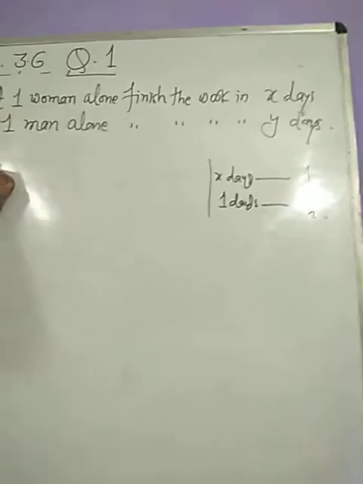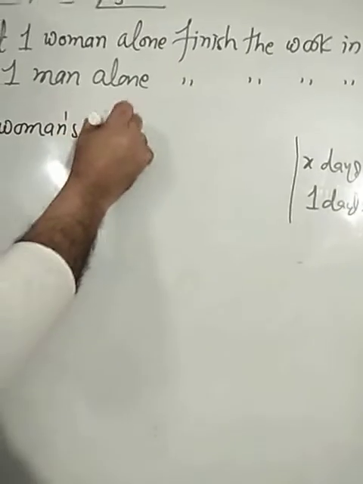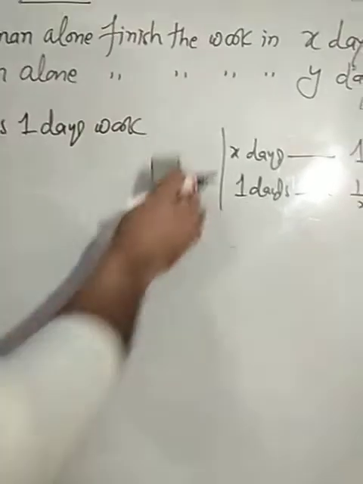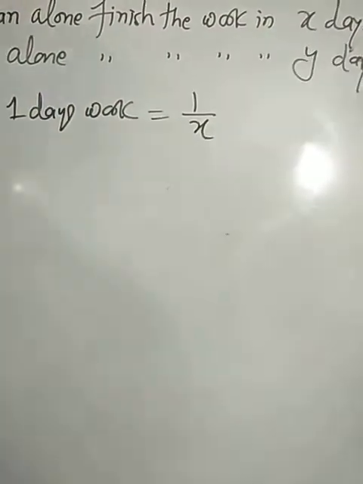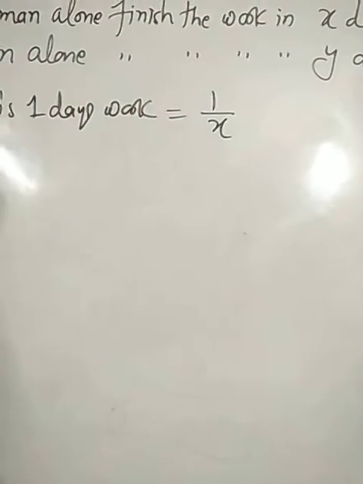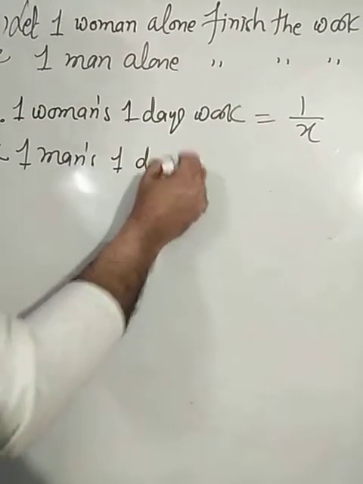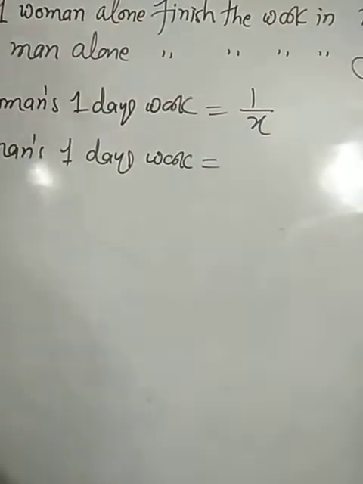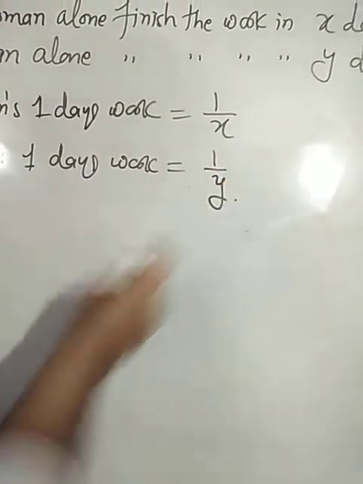So therefore one woman's X days work is 1, then 1 day's work is 1 over X. And one man finishes the work in Y days. So 1 day's work is 1 over Y.